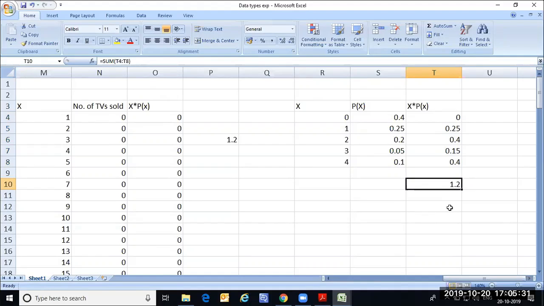What does that mean, 1.2? Does that mean on an average, I'll be able to sell 1.2 TVs?